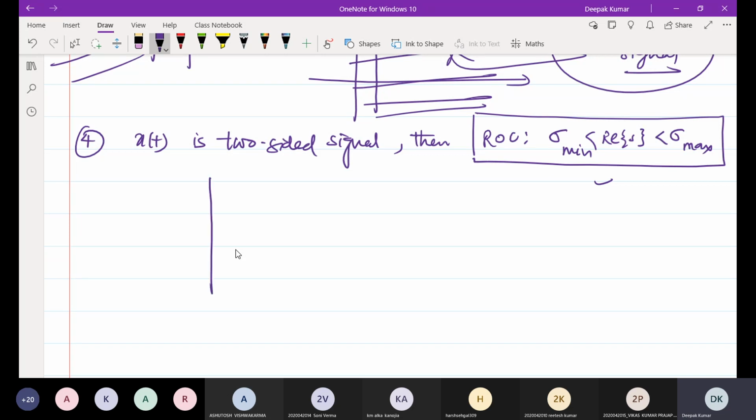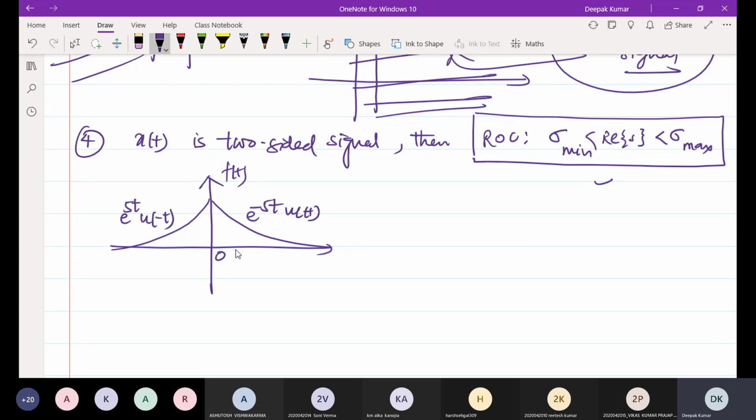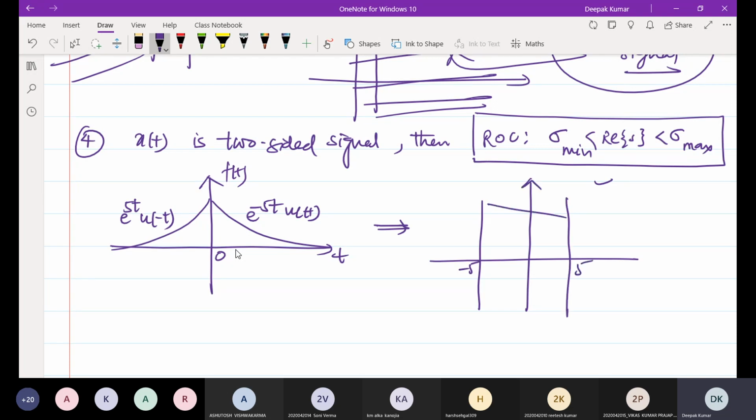Like this example, you can see x of t is two-sided, meaning both sides. On the one side, consider e to the power minus 5t u(t). Here you consider e to the power 5t u of minus t. This is a two-sided signal. Here you will see ROC is between minus 5 to plus 5 in this region.